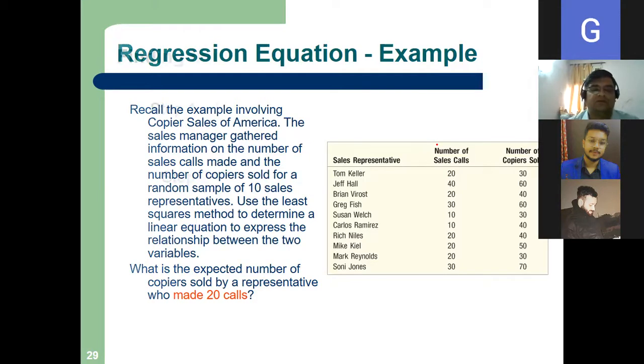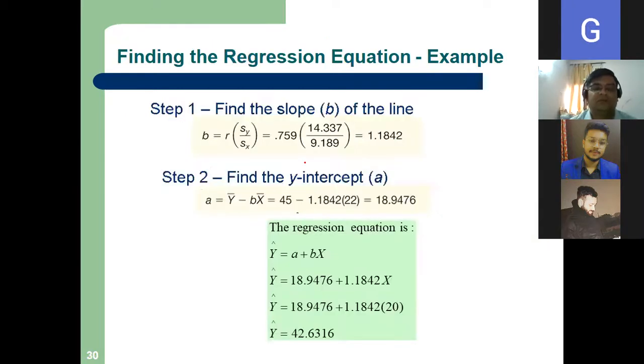I have already given you the formulas. So how to calculate B? What is the simple formula for B? B equals R multiplied by Sy by Sx. We have calculated all these three, so please remember the values or see your copy. What was our R? 0.759.